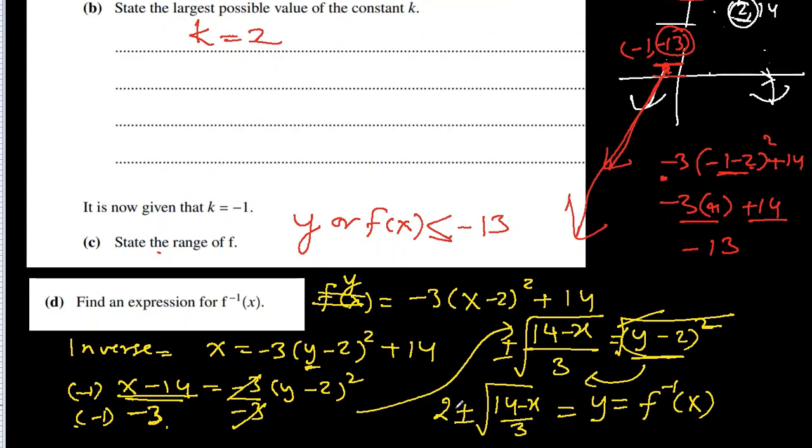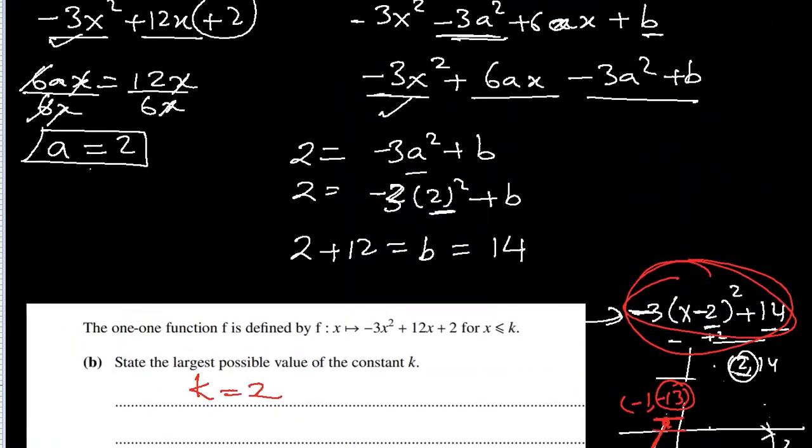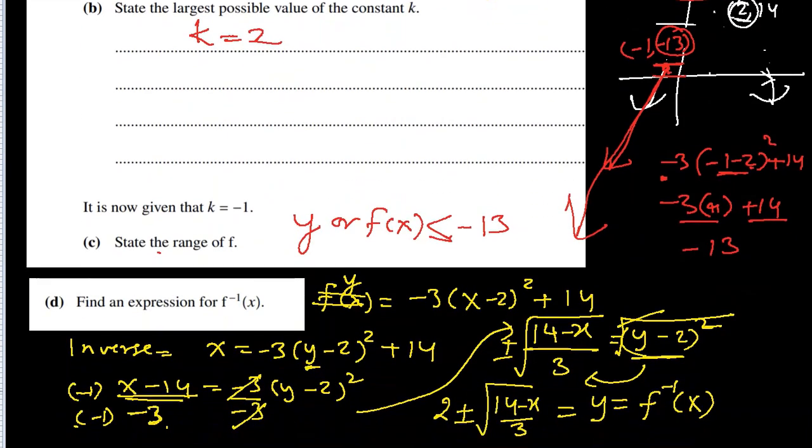However, this plus and minus, because they have clearly said in previous parts in the definition of the function that x is less than k, that means it is a one-to-one function. That means we have to ignore one of them, either positive or negative. Since it is less than k, that means we are keeping the lower side, lower value of y, and that's why this plus must go.